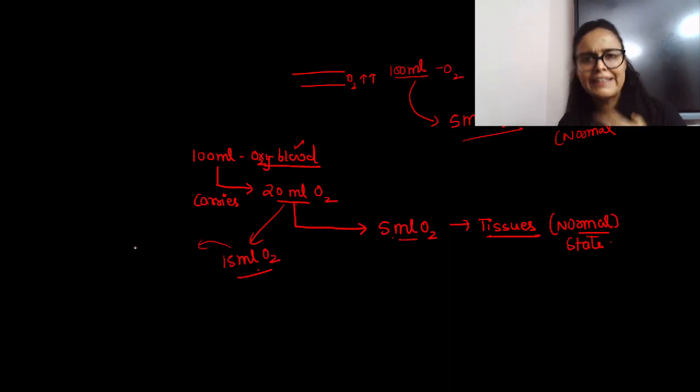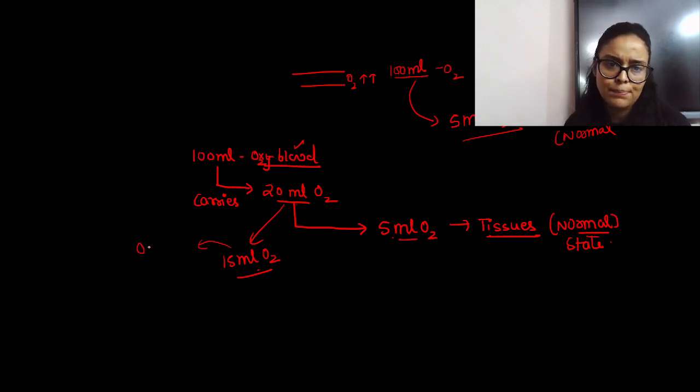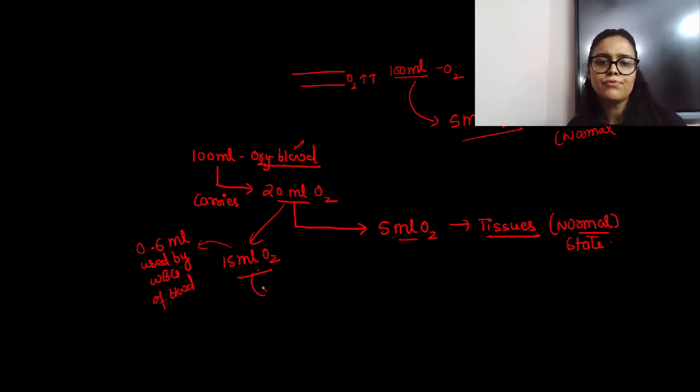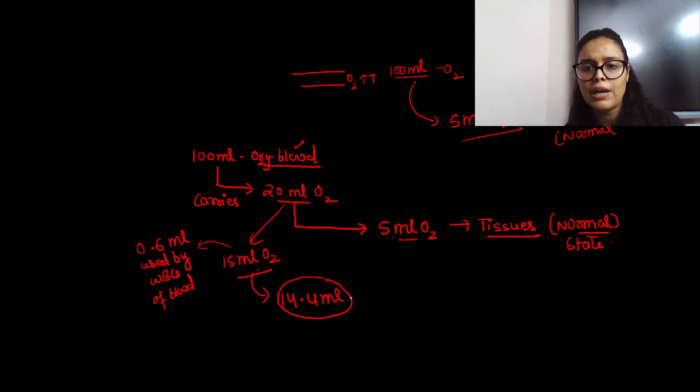So suppose the blood's own cells are also using it, so suppose 0.6 ml is used by WBC, the WBCs are the blood cells, and out of this, approximately 14.4 ml is left unused. So this much oxygen of the oxygenated blood, and now it will become deoxygenated blood, right?